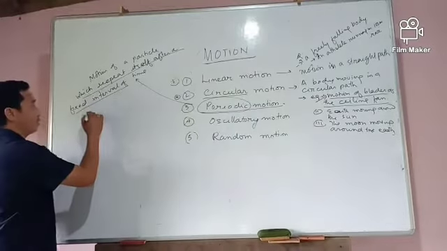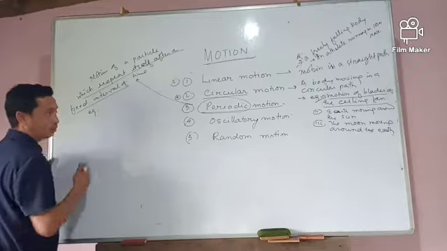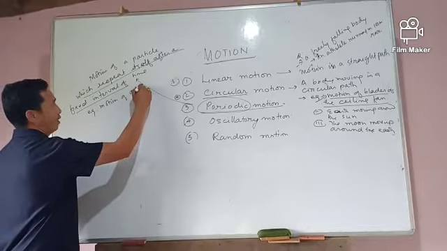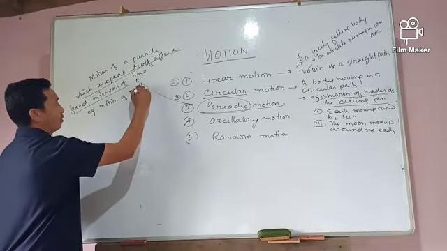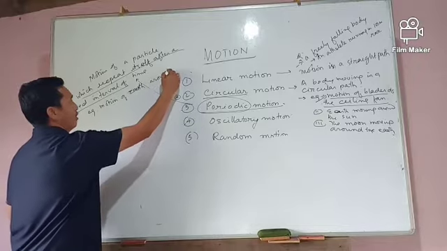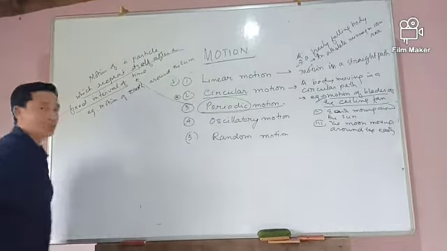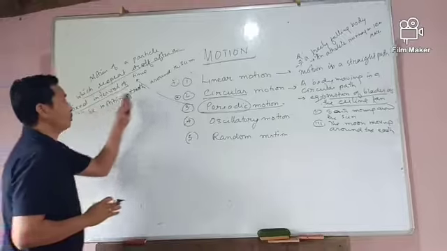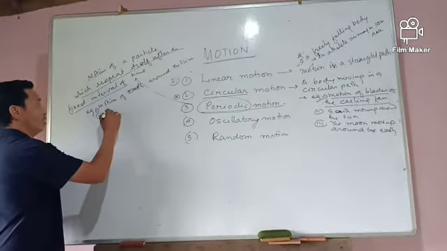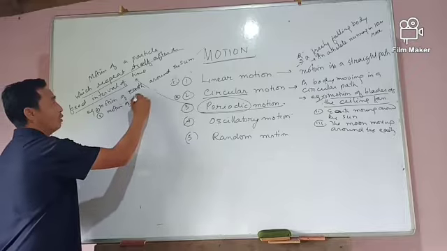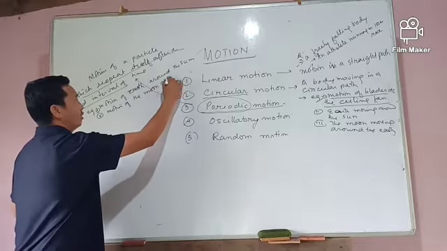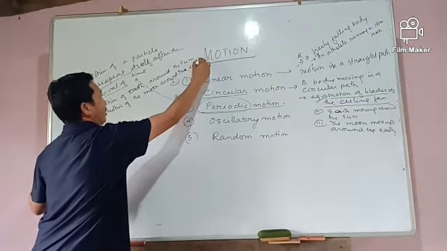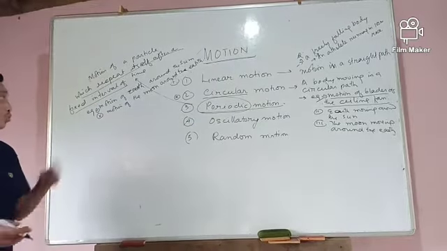Some examples of periodic motion are: number 1, the motion of the earth around the sun, that means 365 days for 1 year. Number 2, the motion of the moon around the earth is also periodic in nature.